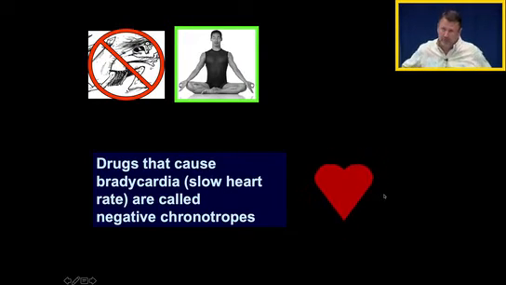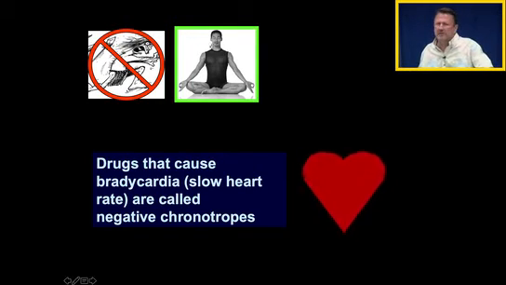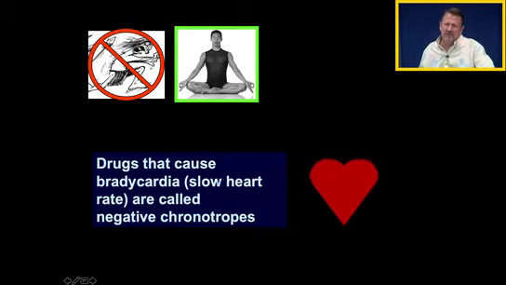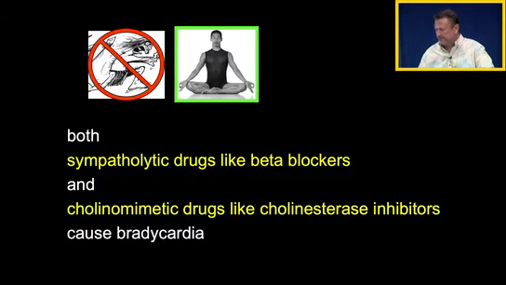Maybe our patient is just barely getting by with the heart rate that they have, and we give them some cholinergic drug for some silly reason, and now they start to go into failure because of the negative chronotropic effect of that cholinomimetic drug. And again, beta blockers, we know they slow heart rate down, and we'll talk about that when we get to high blood pressure and cardiac rhythm. So sympatholytics are bradycardic drugs, as are cholinomimetic drugs.